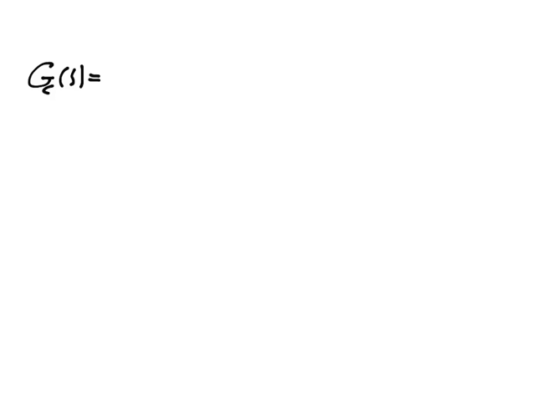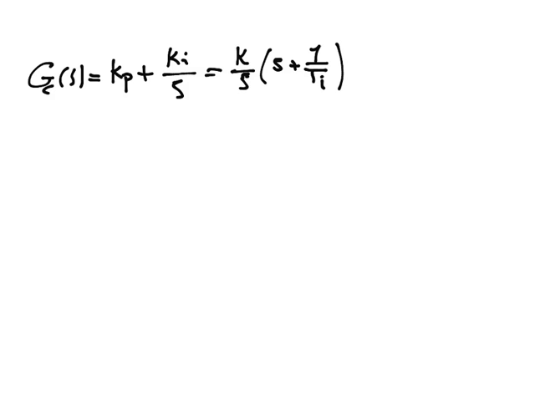It can be written as Kp plus Ki over s, or in other terms, K over s times (s plus 1 over Ti), which means that we have one pole at the origin and one zero at minus 1 over Ti.